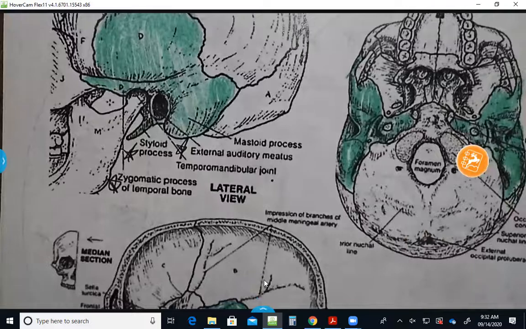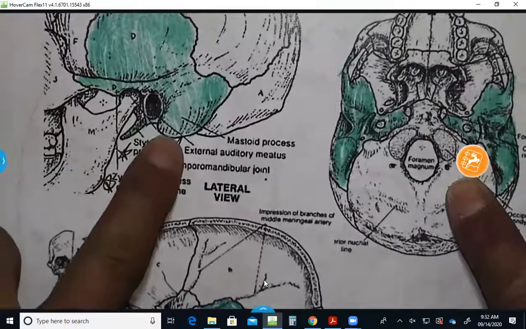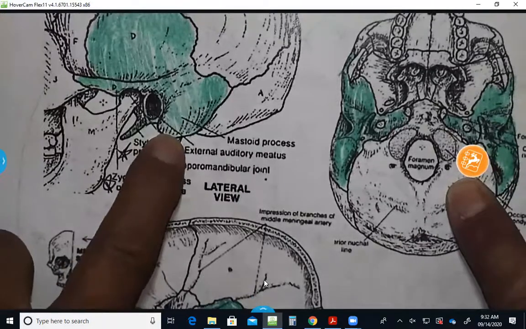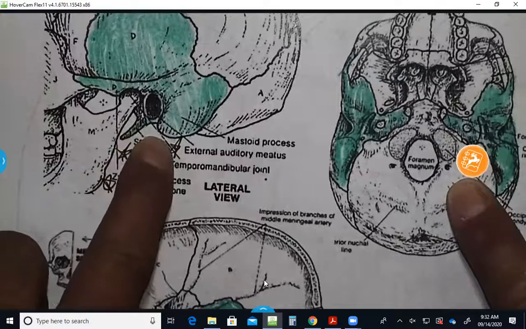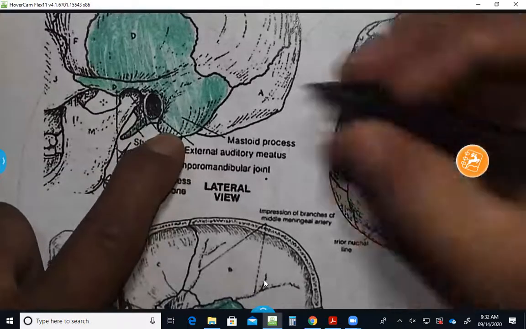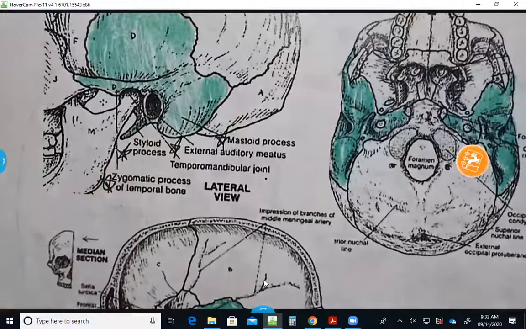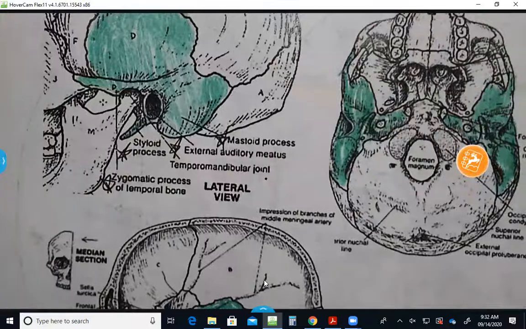Okay, and behind your ear, the big bump hanging down, much more of a bump than a point or a hook like the styloid, is the mastoid process. You put your finger right behind your earlobe, you'll feel that roughened, rounded knob.